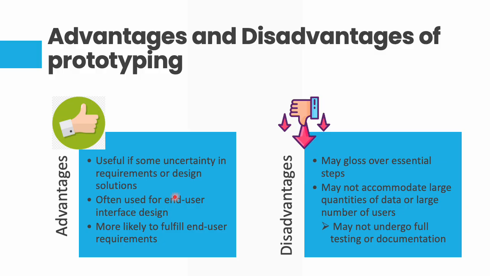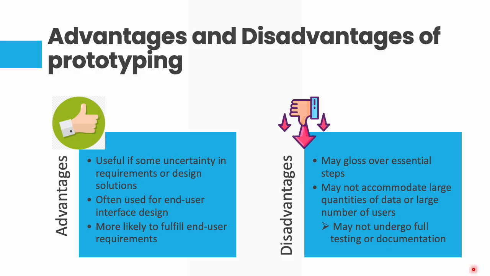Prototyping helps everyone understand the system better by actually trying it. It's often used for end user interface design, the part of the system that people click and interact with. It's easier to improve the design when users can test it earlier, and it's more likely to fulfill end user requirements, which can make people happier with the result, because they know what they want, right?